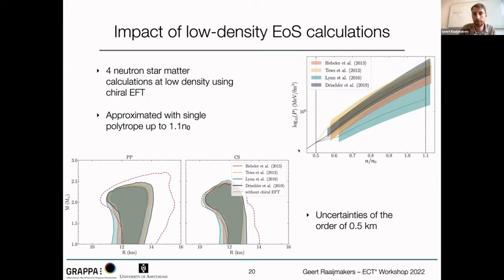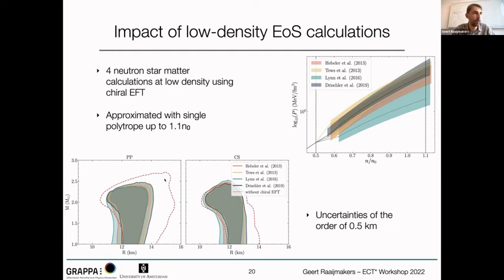We approximate each of these uncertainty bands with a single polytrope in this region, and then we rerun our analysis. And so here in this lower left plot, you see the differences in the posterior distribution. And we estimate that just by fixing to a particular set of calculations, we get an uncertainty of the order of 0.5 kilometers, especially at lower masses.